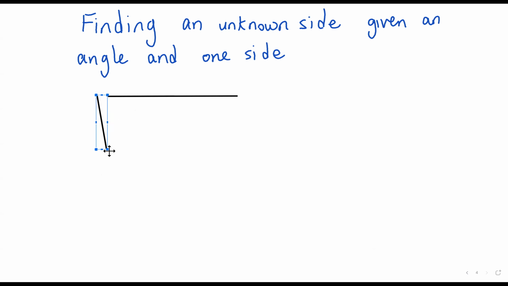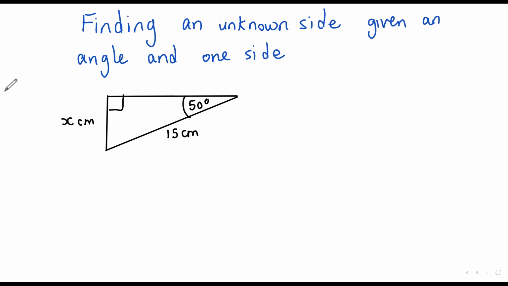Anyway, it doesn't have to be perfect once you know what it is. This angle over here is 50 degrees, and I want to find this side marked X. Then they give me this side here. So I have one side and one angle, and I need to find the length of the side marked X.